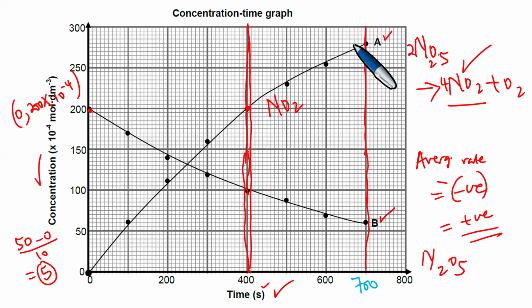Obviously, this graph A shows an increase in the NO2 concentration. So we continue.